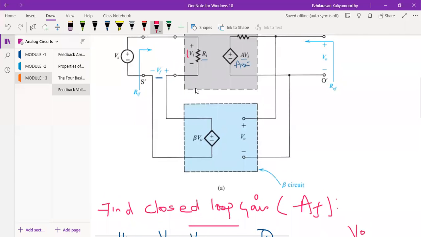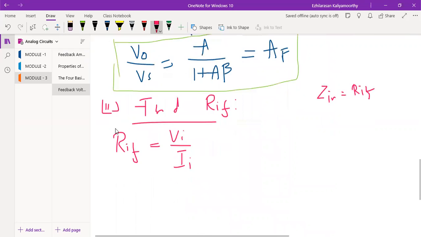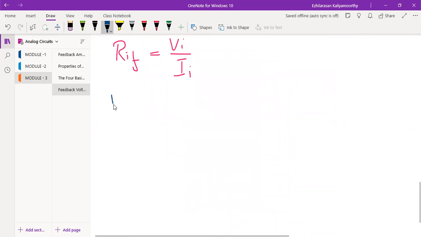The simple way is to do it from this circuit. From this circuit, what is VI? The voltage across this resistor is nothing but II into RI. So VI is equal to II into RI.